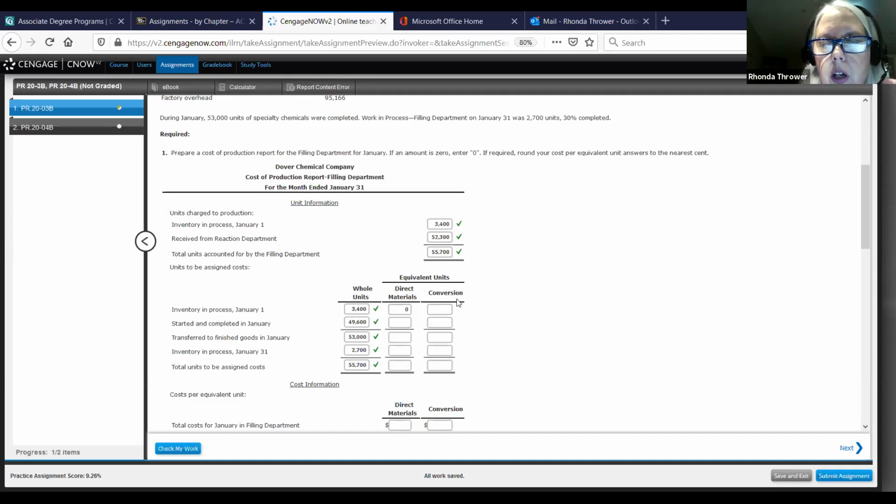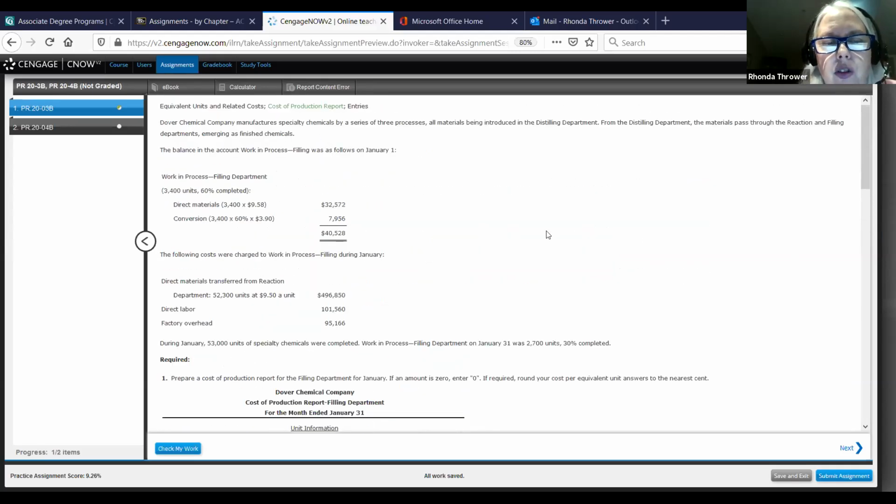Our conversion cost, which are your labor and your overhead, were not all finished last period. So when you look for your conversion equivalent units for your beginning inventory, you need to look back at the given information to see how much of those units were converted last period.